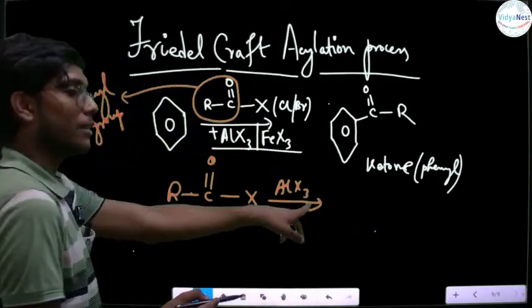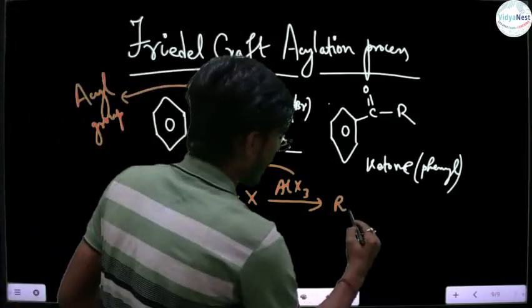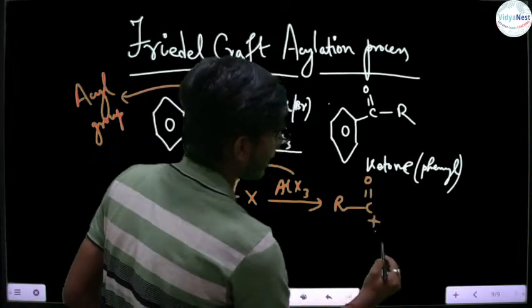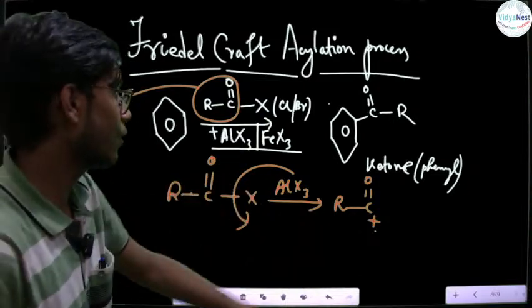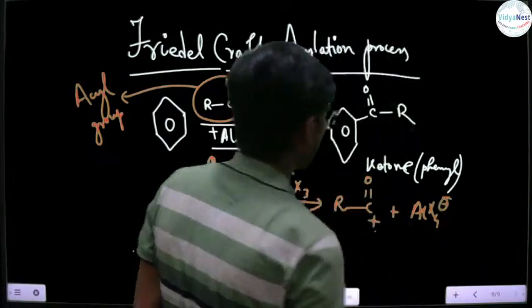So this AlX3 will again come and take away this X minus to leave the acyl carbocation, right? This acyl carbocation is formed along with AlX4 negative.